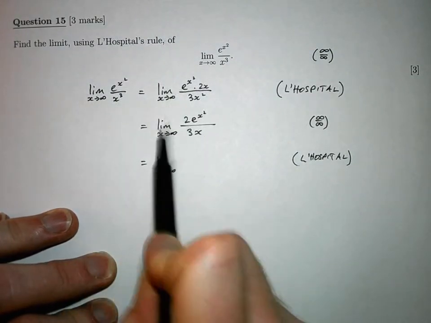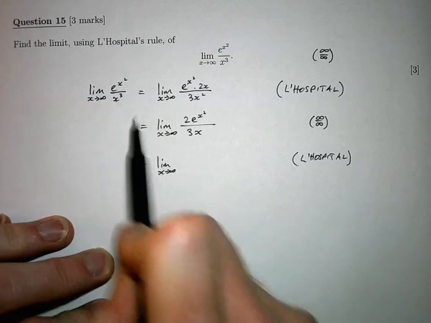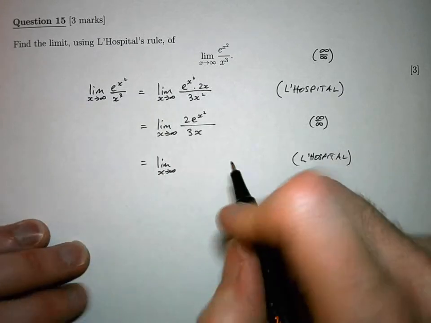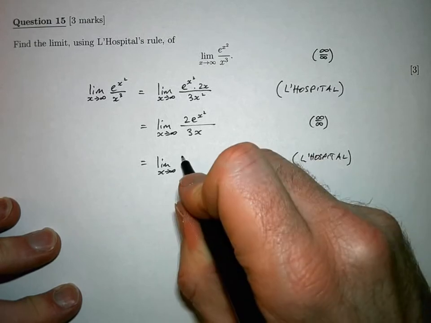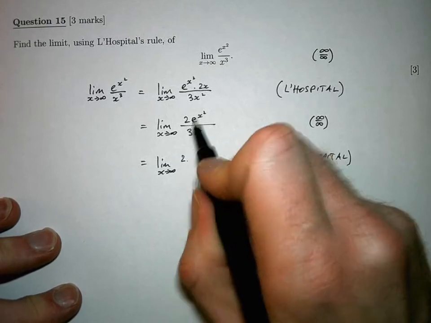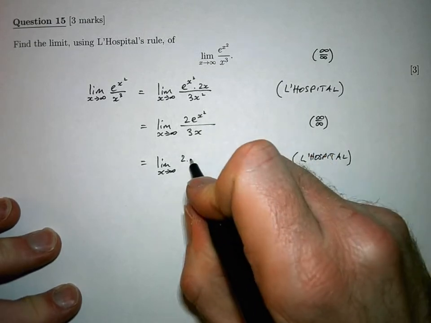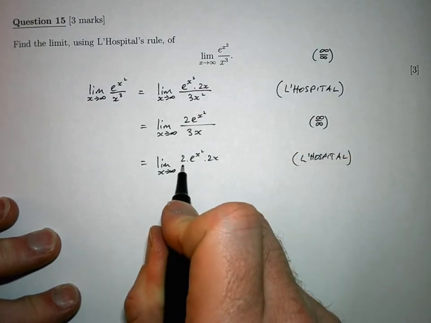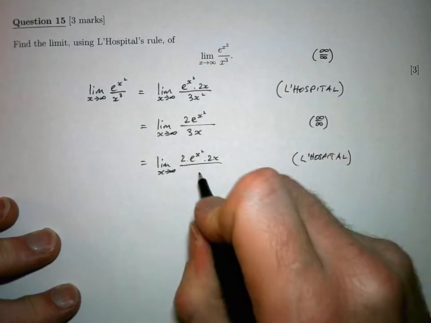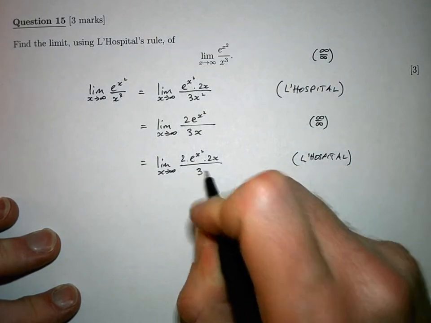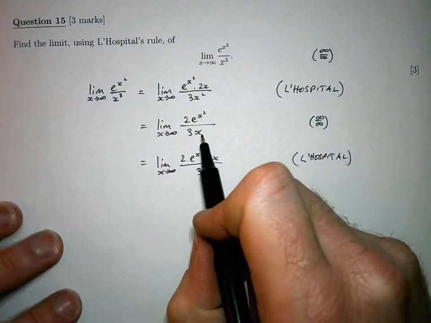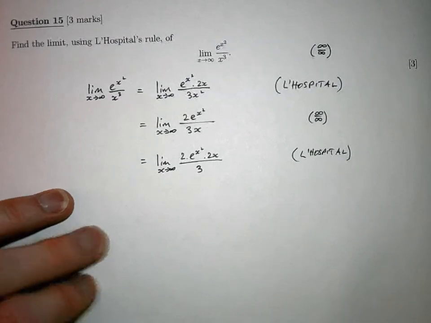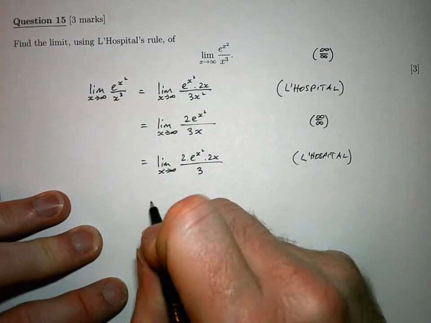Now note my limit thing is coming all the way down in my correct use of equal sign. Okay, so the derivative of the numerator, well that's simply 2 times, now the derivative of this we've done already, that's e to the x squared times 2x, outer function, inner function, all divided by the derivative of the denominator, which is simply 3. And now we're getting somewhere because we've got no x's in the denominator, which is really great.